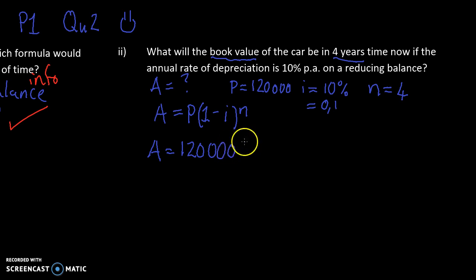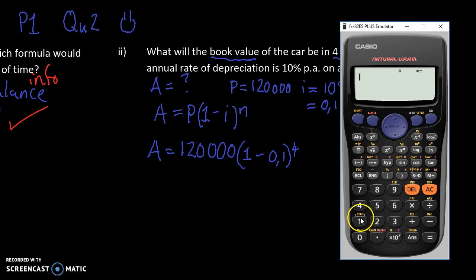We have 120,000 times 1 minus 0,1 to the power of 4. Now, don't be tempted. I know you want to work this out in your head, but you do have a calculator. Use it. Just double check the number of zeros you put in there, and 0,1. Close the brackets to the power of 4, and it will give us an answer of 78,732 Rand.